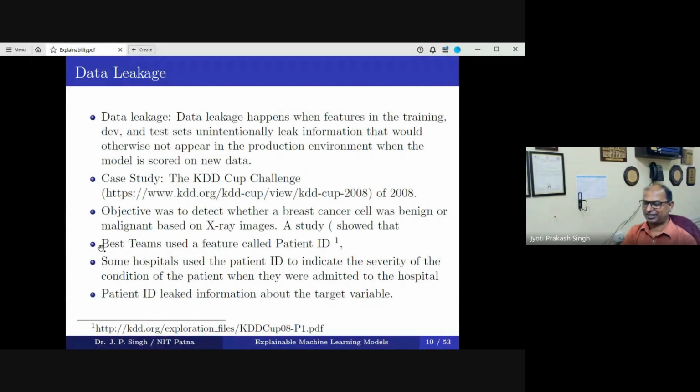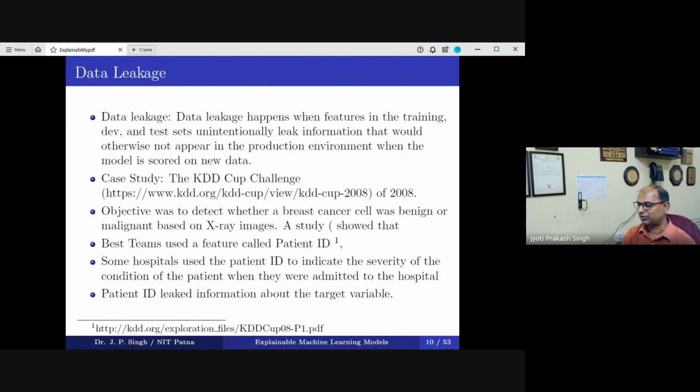Now you will be surprised to know that the team who won first place in that KDD Cup challenge only took care of the patient ID to predict whether the X-ray image would be marked as benign or malignant.